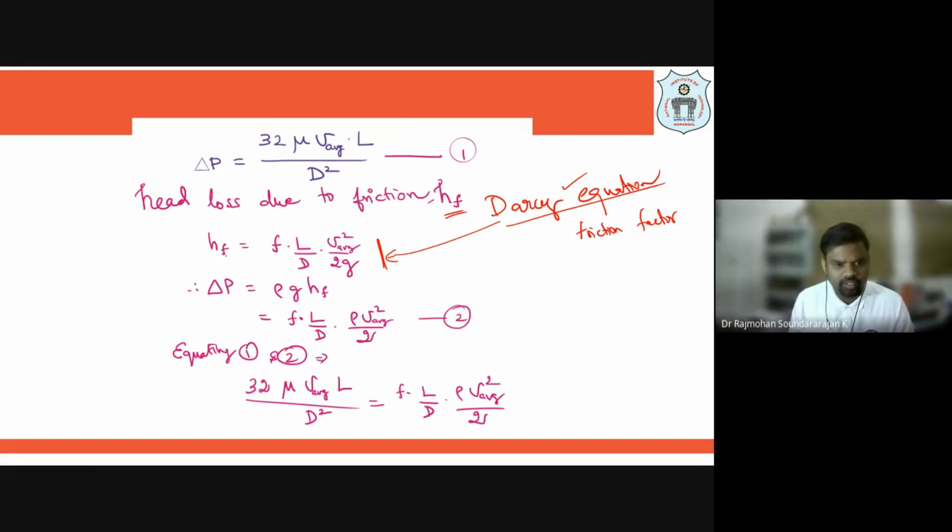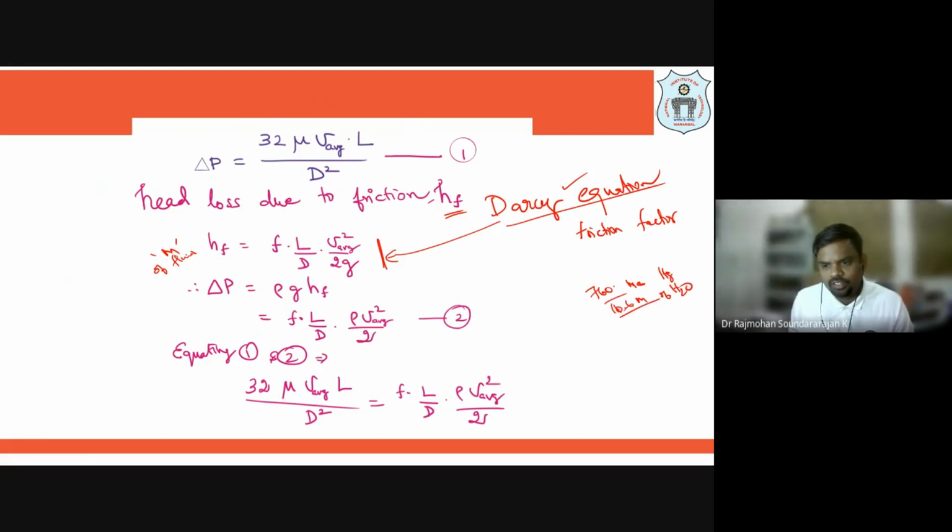Now, if HF is known, how do we get the pressure? HF is in meters, meters of the fluid, right? Even atmospheric pressure you can express in terms of mercury. One atmosphere is 760 mm mercury, and in terms of meters of water it is around 10.6.